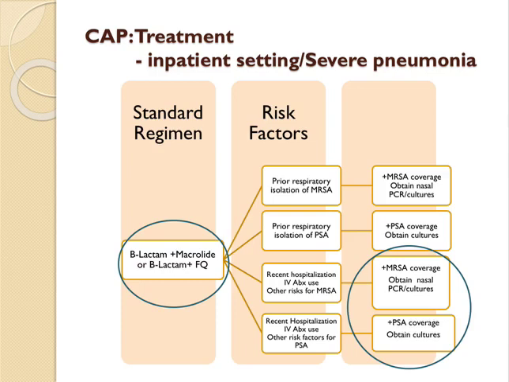So for this patient population, they recommend to use combination therapy in any standard regimens. So for standard regimens, they list number 1, the combination of beta-lactam plus macrolide or beta-lactam plus fluoroquinolone. Notice that the fluoroquinolone monotherapy is no longer here as an option, right? So we're talking about severe pneumonia.